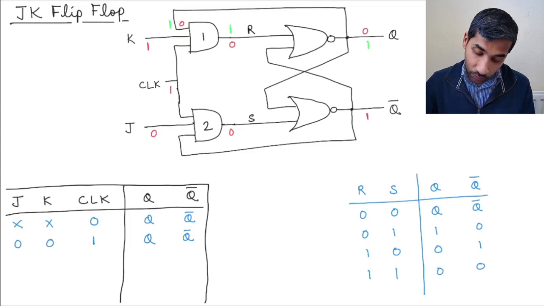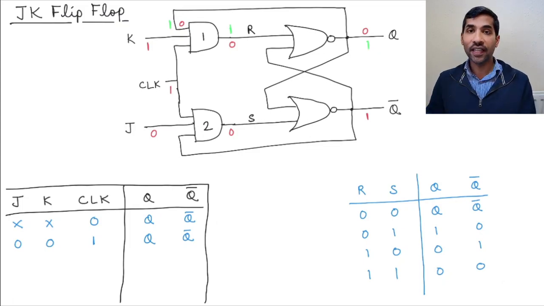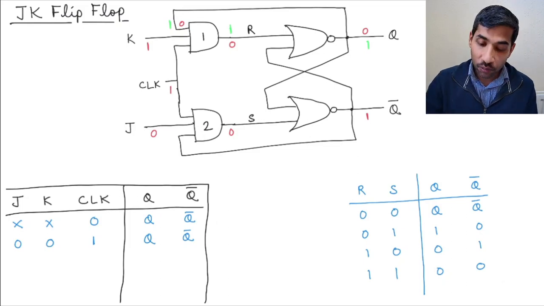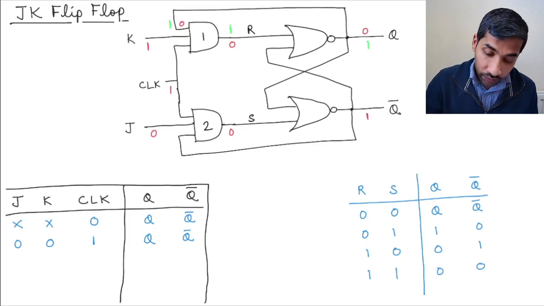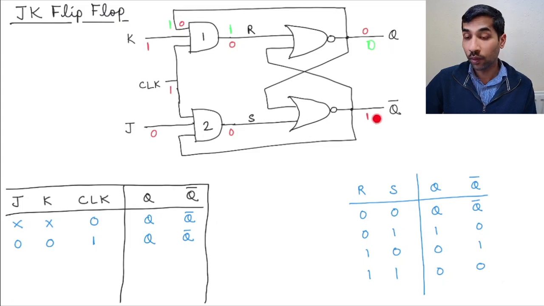If you have R equal to 1 and S equal to 0, you can look up this truth table and you can see that Q is going to be equal to 0 and Q bar is going to become equal to 1. So if we start off by assuming that Q equals 1, by the end of you going through the gate, this Q is again going to become 0, and this is going to become equal to 1. So the output in the case when J is equal to 0 and K equal to 1, the outputs Q and Q bar are going to be 0, 1.